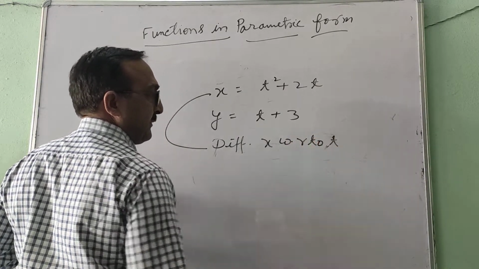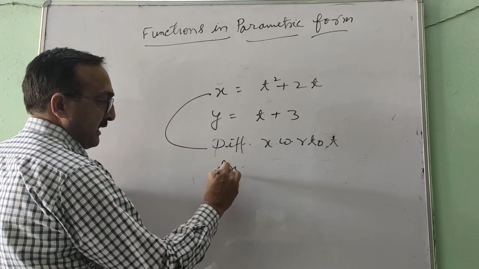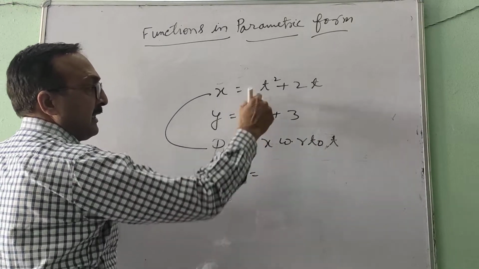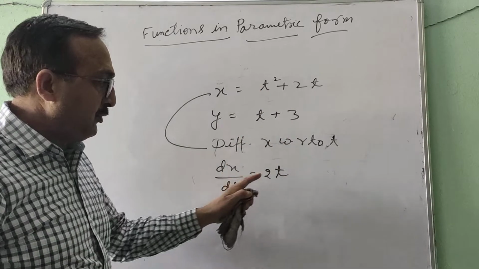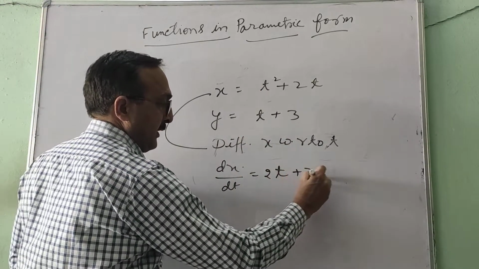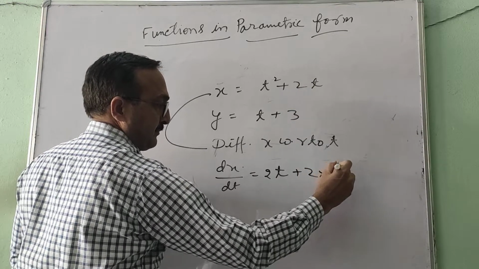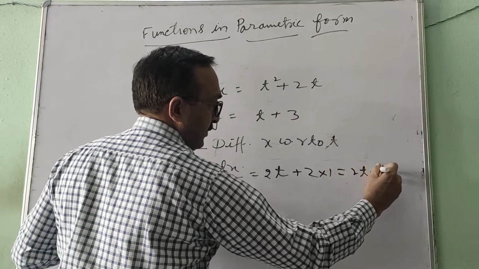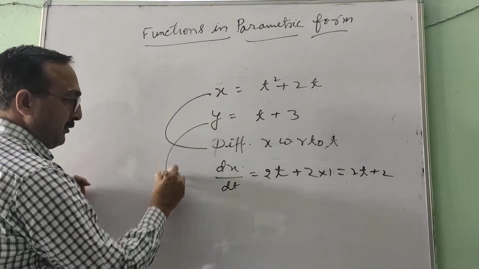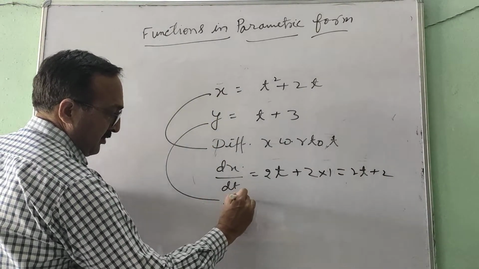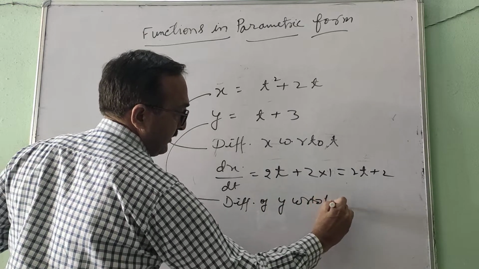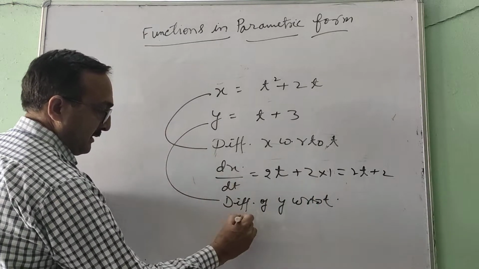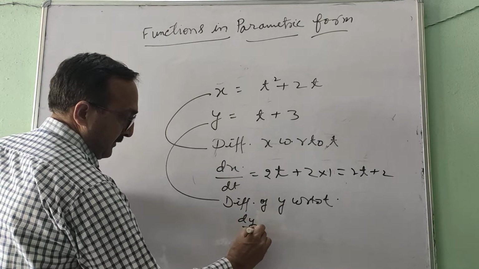With respect to t, that means dx upon dt equal to t square differentiation, you know, 2t, plus 2, and t is 1, that is 2t plus 2. And now differentiation of y with respect to t, that means dy upon dt.